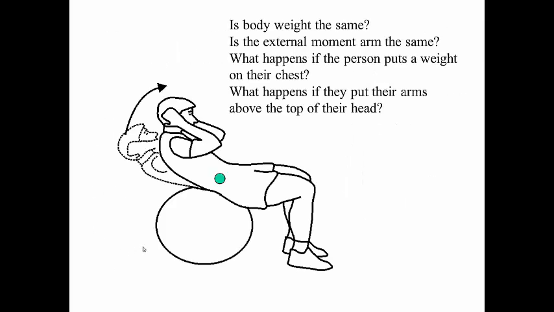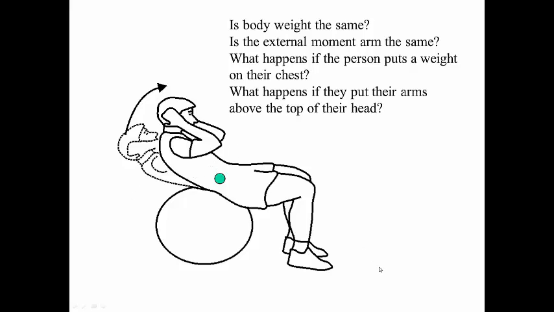All right, so let's go through some examples. Here we're doing a sit-up, which I probably wouldn't advise, but say we're doing a crunch, so not a lot of movement of the lumbar spine. Is body weight the same between the down phase and the crunched or curl phase? Yes.